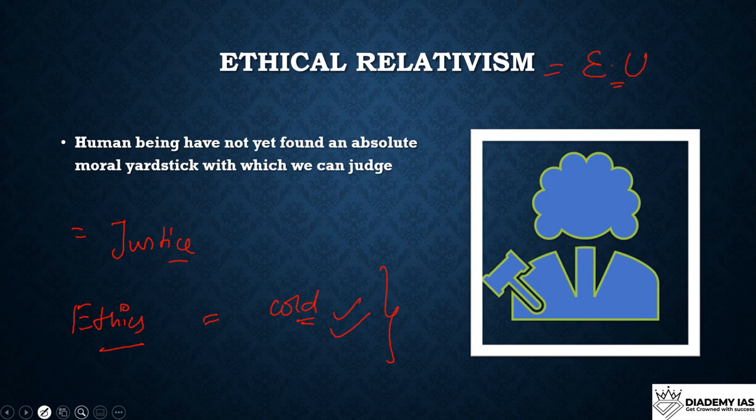Why is that an issue? What is the basis of this? They say that human beings don't have a certain yardstick to measure universalism. Human beings have not yet found an absolute moral yardstick with which we can judge. For some people things might be different, for other people things might be different.